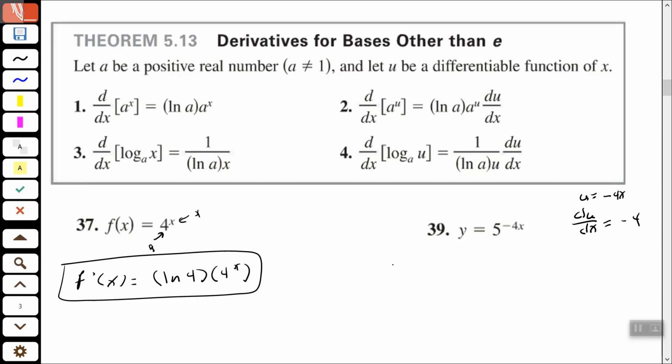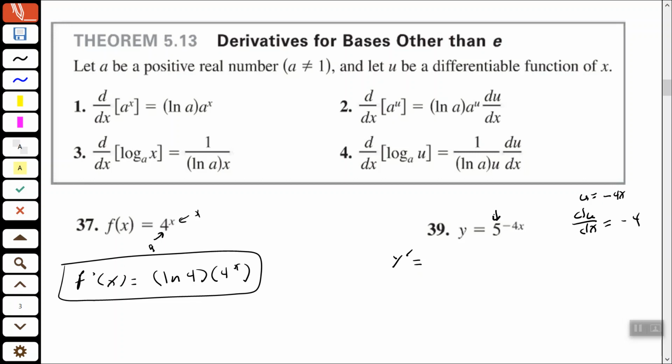All right, so y prime, sorry about that, pen got stuck on me. All right, so y prime equals the natural log of a.